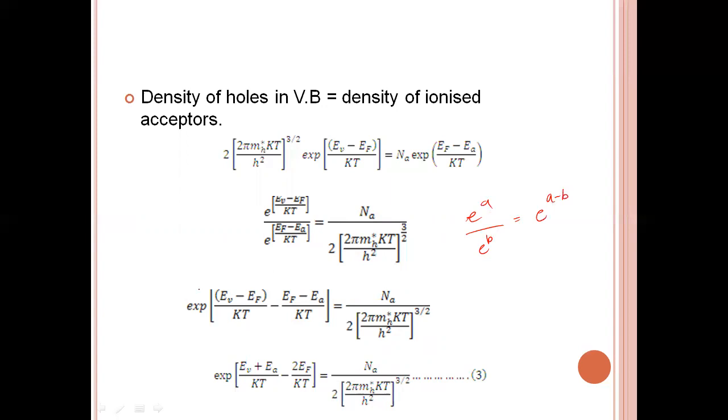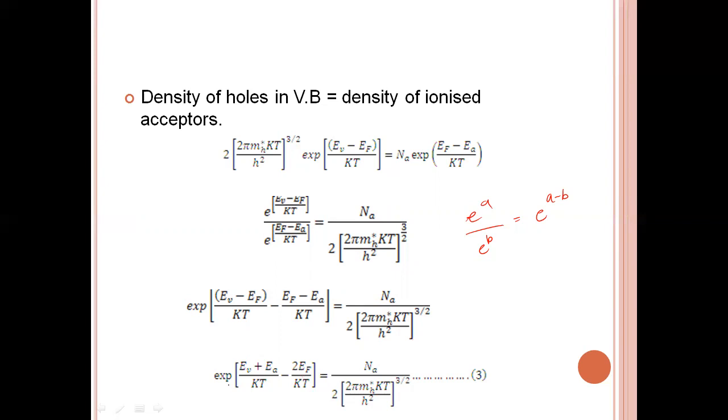So writing exp((Ev - EF)/kT - (EF - Ea)/kT), and observing that the LCM is the same, just rearranging the terms, you'll get (Ev + Ea)/kT - 2EF/kT equal to the constant Na/2 times (2 pi m_h* kT / h^2)^(3/2).